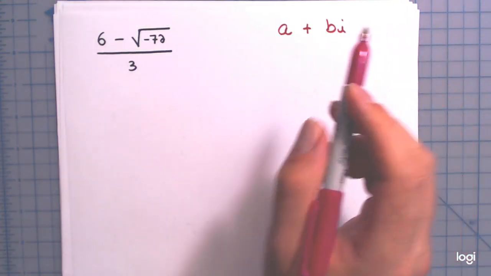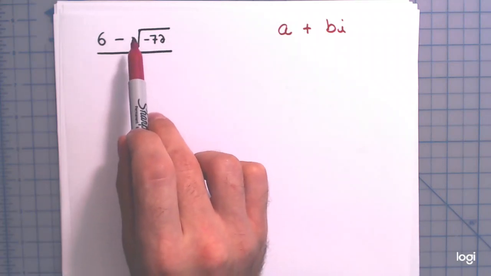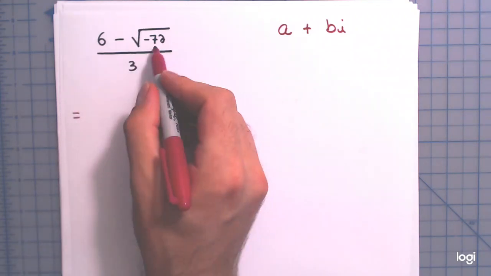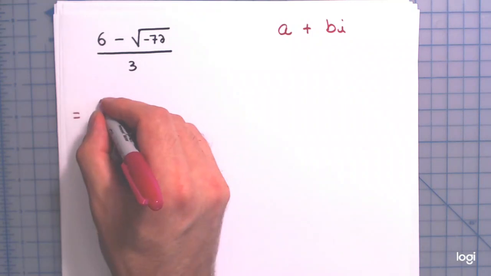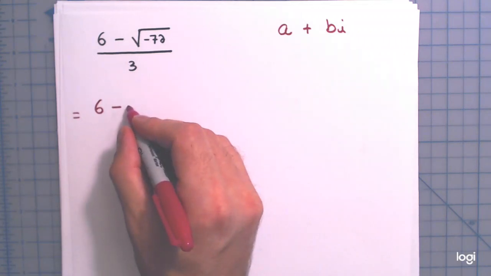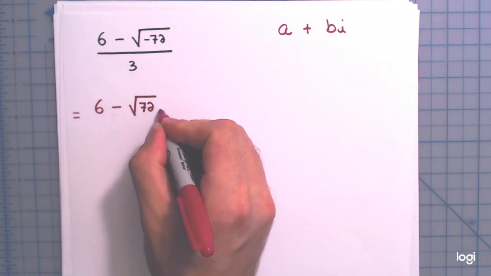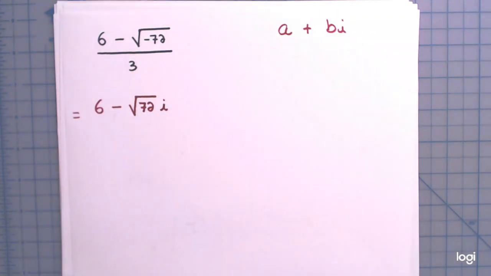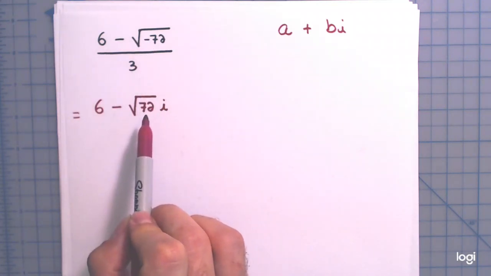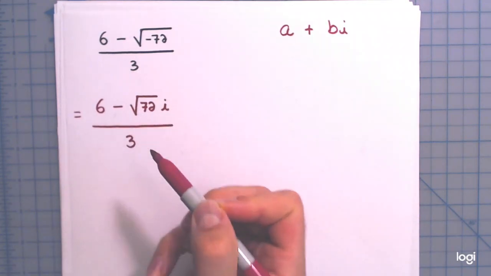So as in the last several examples, when I see the square root of a negative, please immediately think I should rewrite that as a pure imaginary number. So there's 6 minus the square root of -72, which I'm going to rewrite as the square root of 72, a real number, times I, the imaginary unit. And there's the square root of -72 rewritten as a pure imaginary number right here. And then all this in the numerator is divided by 3 in the denominator still.